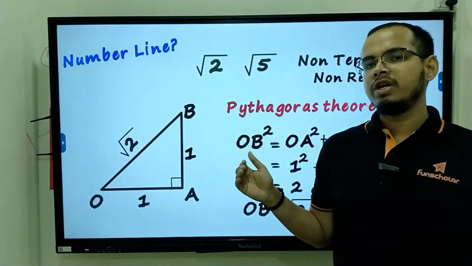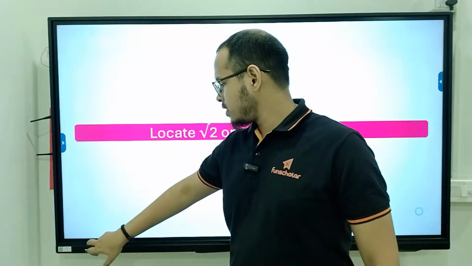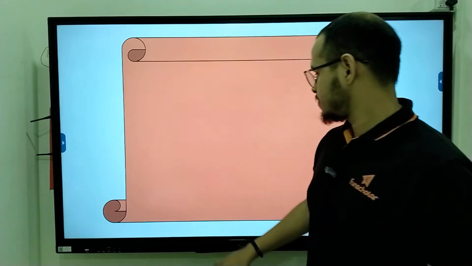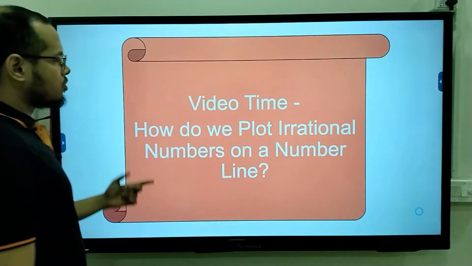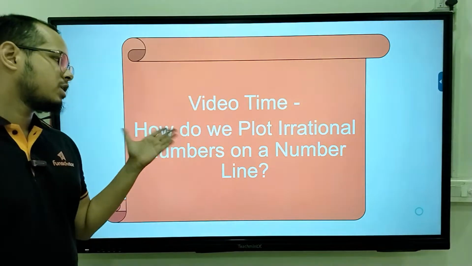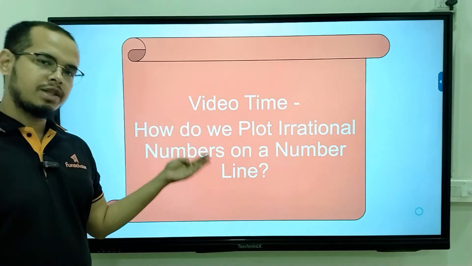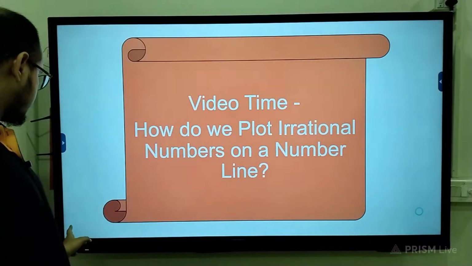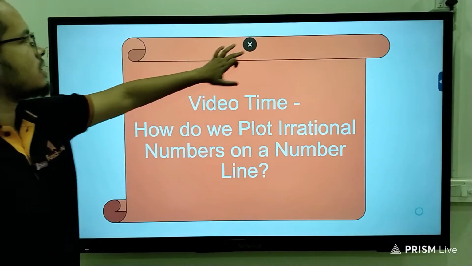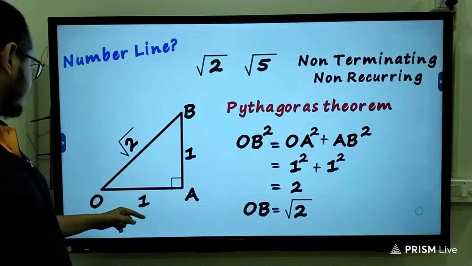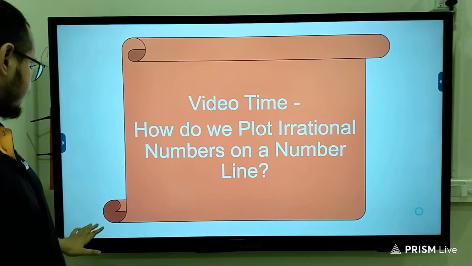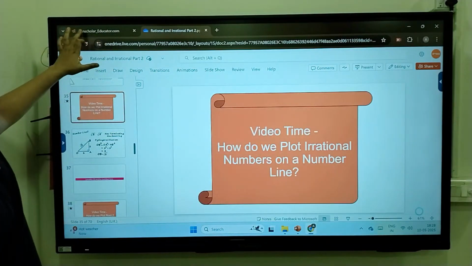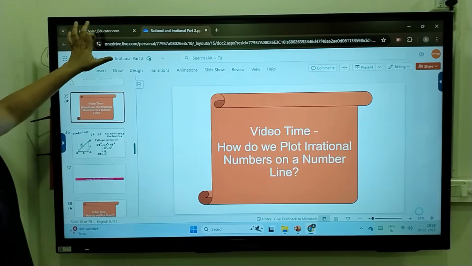We have already watched the video. If you want me to play the video again, let's first play the video of how to plot irrational numbers on a number line. After seeing the video again that we watched in the last class, we'll go on to the next portion. Let's first watch the video and understand what that is.